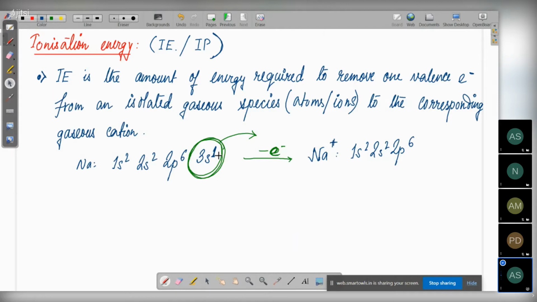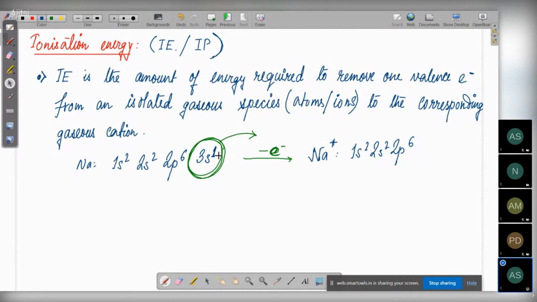So what is ionization energy? It is basically the energy required for this process, that is, the energy required for removing the last electron, the valence electron. From where am I removing the valence electron? From an isolated gaseous species. So why do I say the word isolated? Isolated is written so that other gases or atoms do not interfere with my experiment.